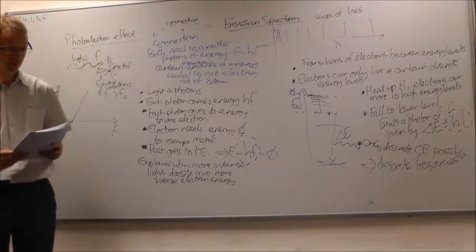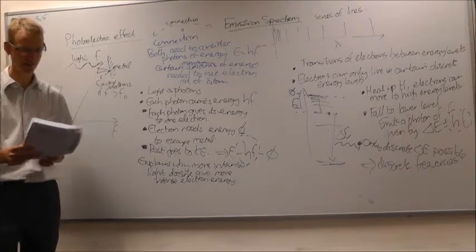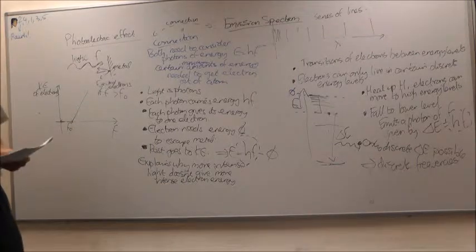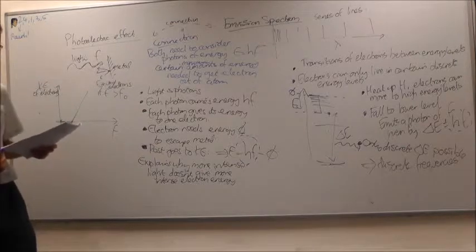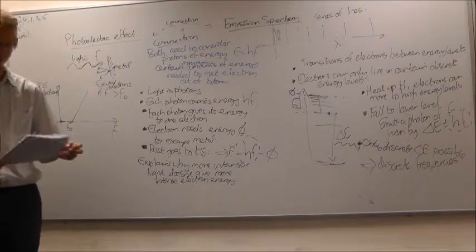Part B, with reference to the data below, explain how fission and fusion processes differ in their release of energy. And we're given some binding energies per nucleon: deuterium, helium, iron, and uranium.